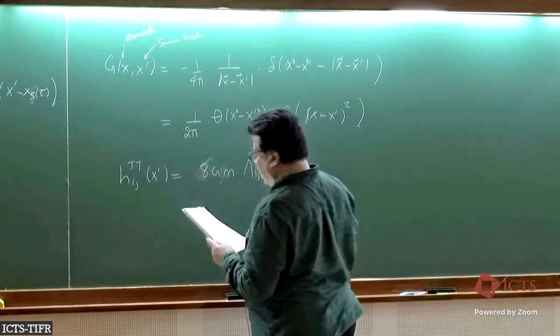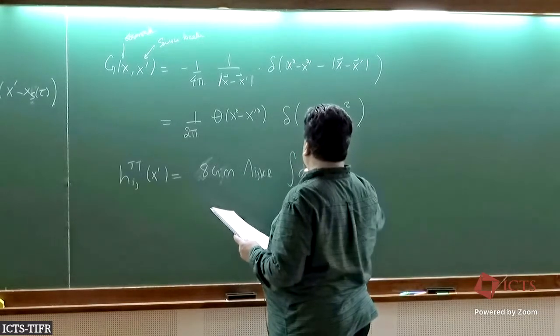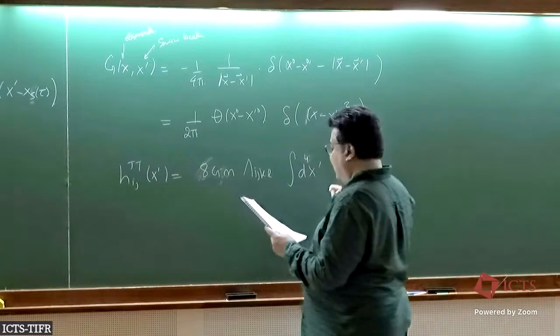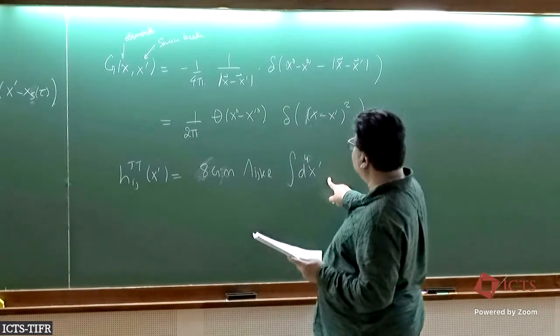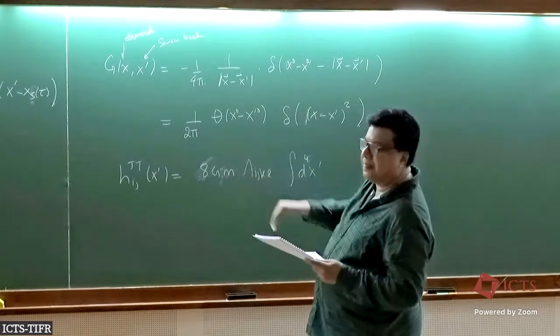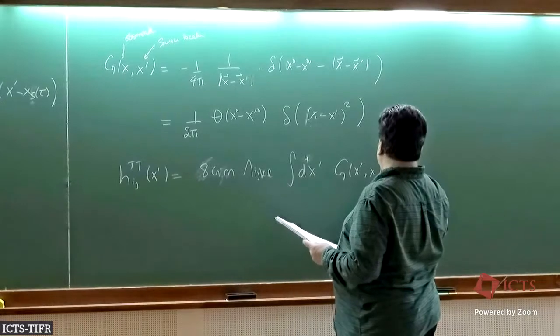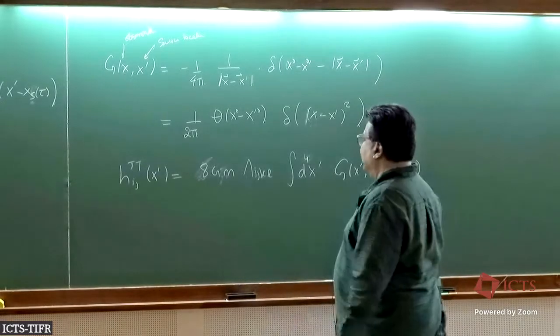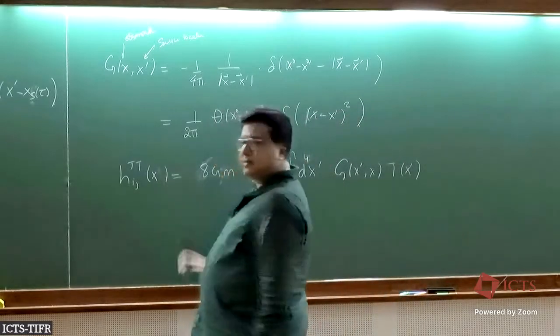the Green's function equation means that you are d4 x prime, okay, and the Green's function times T. So first line is G x x prime times T x prime, and this will give you my h_ij.